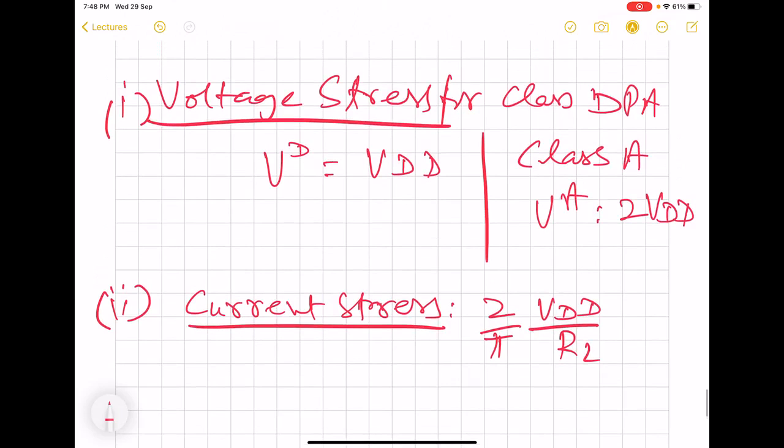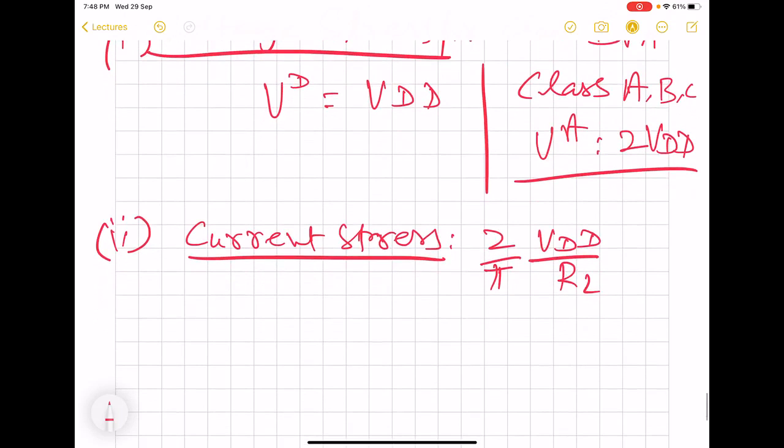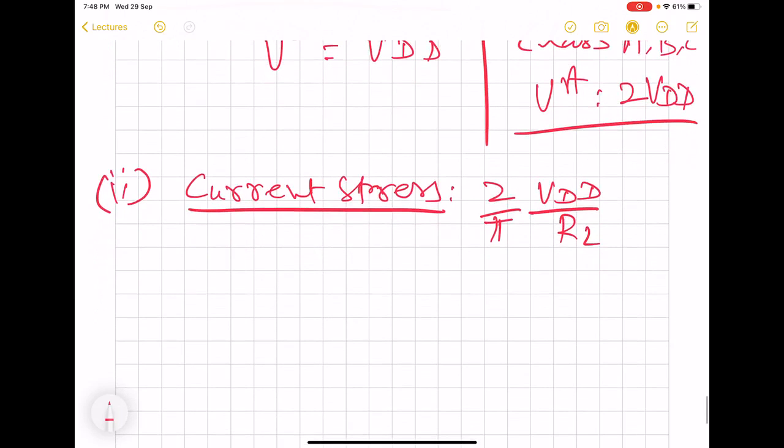In fact, at maximum efficiency, for class B, class C, A, for all of them, the voltage stress is always going to be 2 VDD. But the current stress will vary for those classes. For class D, we have 2 by pi VDD by RL.